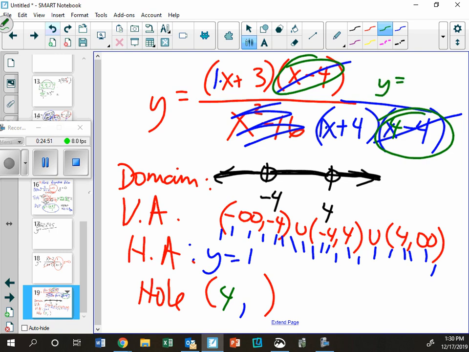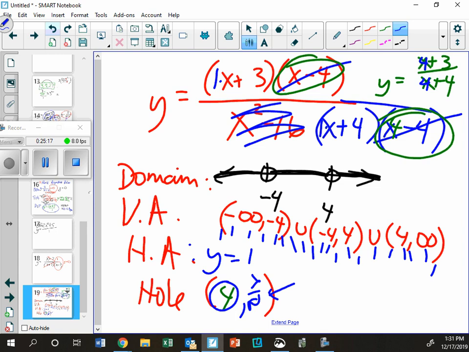Better late than never. I needed that to be able to put this 4 in to find this. So the 4 goes here, and I get 7/8. 4 comma 7/8. Raise your hand if you had 4 comma 7/8. Okay, good. All right, that sums up everything you've learned.